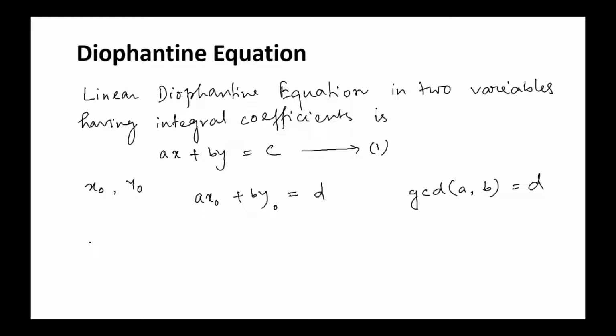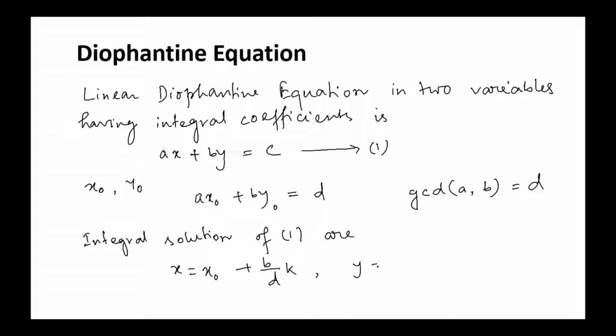All integral solutions of equation 1 are given by x equals x0 plus b by d k, y equals y0 minus a by d k, where k is any integer.